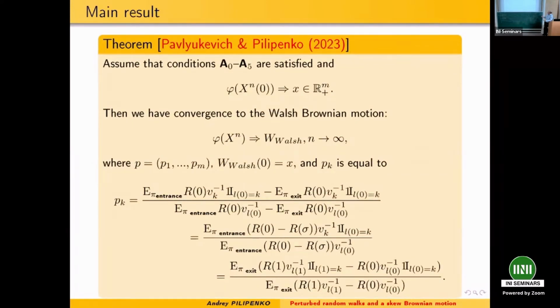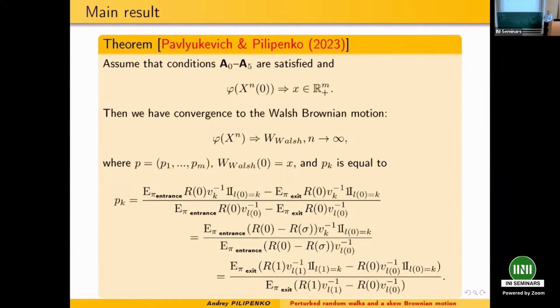The answer is this: you have to take the entrance random walk and the exit random walk, and p_k is the expectation of entrance minus exit times the indicator that the label is k, divided by the same thing without the indicator. And that's all. A very natural formula.